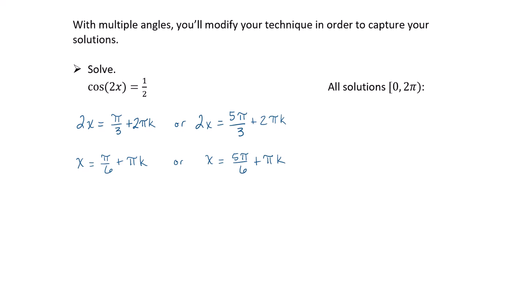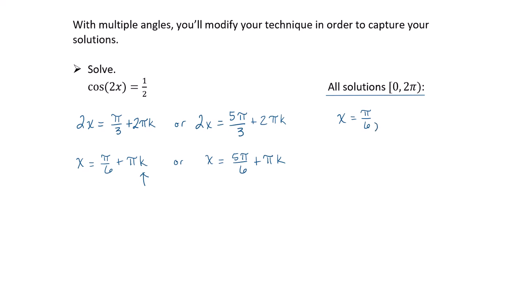Now, we don't care about getting all the solutions ever that could occur. We want to know what all the solutions are in 0 to 2 pi. So this is where using the formula that we came up with is going to work. Starting with a k of 0, I get an x of pi over 6.